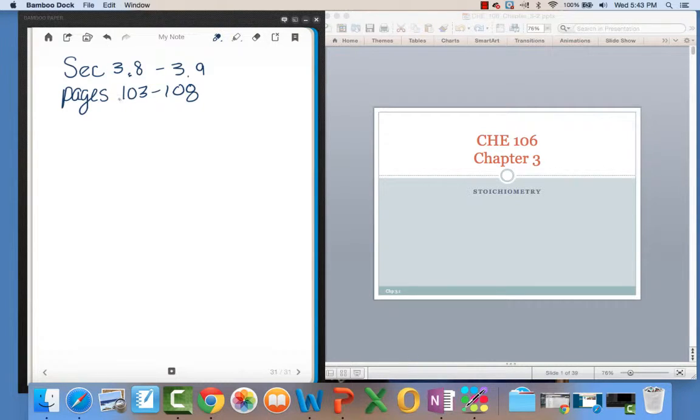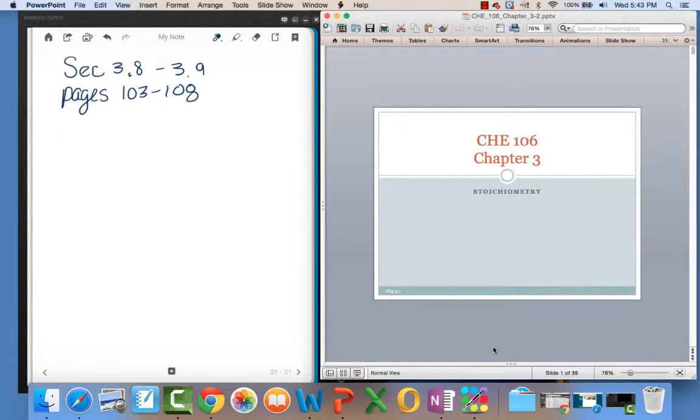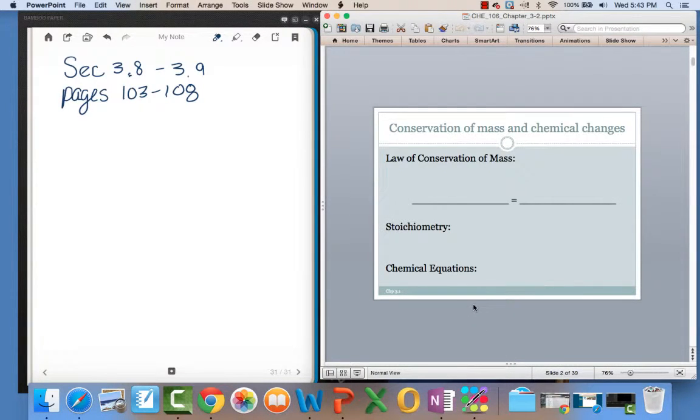I don't want to start right in with the math before reviewing chemical equations, types of chemical equations, and balancing equations. So conservation of mass and chemical changes. The law of conservation of mass was first discovered by Antoine Lavoisier, and we all know what that says.